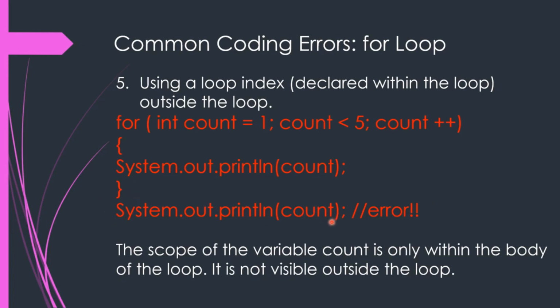Because here we have taken the variable as count, and any such variable will only have scope inside the loop, not outside the loop. So that is why we should always use the statements inside the loop only, and we must not exit the loop and then write the statement, because it will show an error.